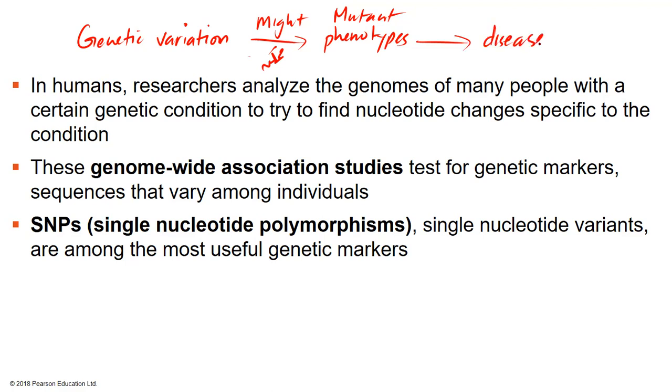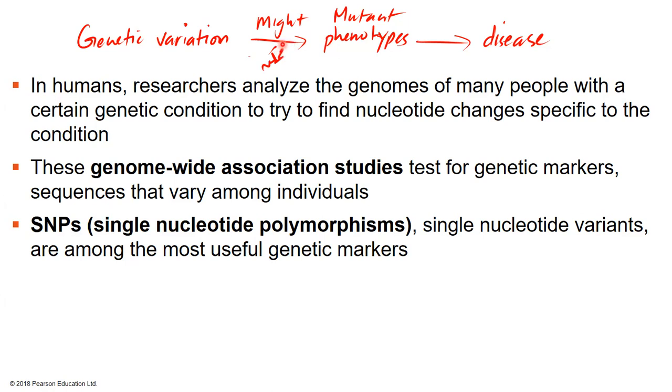So if we analyze the genome of certain people with certain diseases, because they have mutant phenotypes, we could basically determine what type of genetic variation they have compared to normal individuals. So the idea is that these mutant phenotypes or diseases are associated with certain genes that are not normal, or maybe genes that are destroyed, or genes that are mutant.